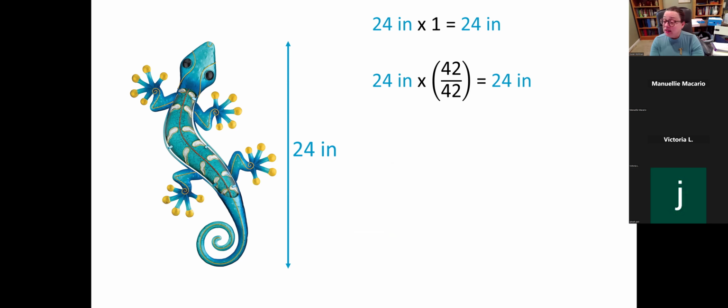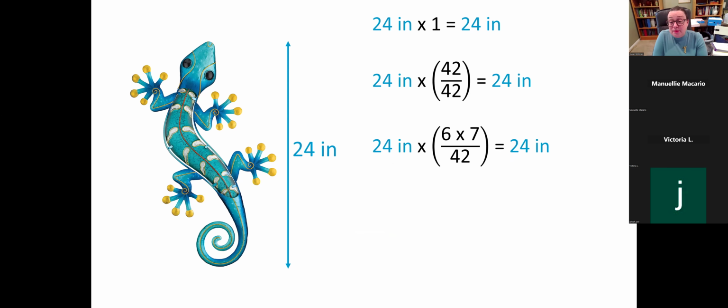And we're like, okay, well, let's get a little bit crazy. How about instead of 42, we put 6 times 7? I bet you didn't know you had to remember your times tables. Can we agree that 6 times 7 is 42? We're still multiplying by 1.